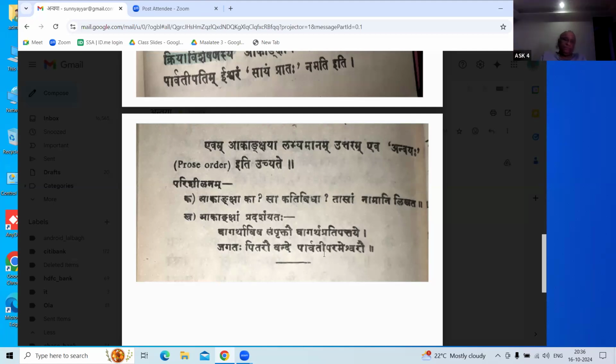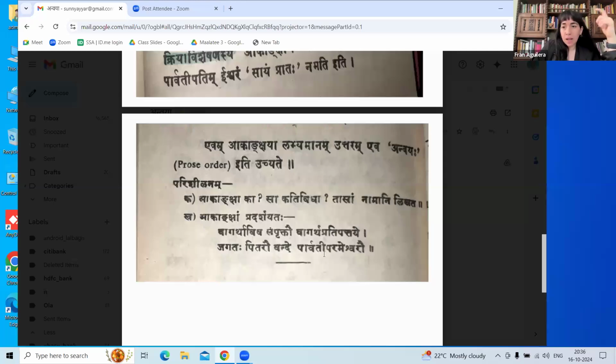Please do the Padacheda. Okay, Vak Arthaha Iva Sampruktau, Vak Artha, Pratipattaye, Jagatah Pitarau Vande, and then Samasa, Parvati Parameshwarau. Once again, repeat the whole Padacheda.